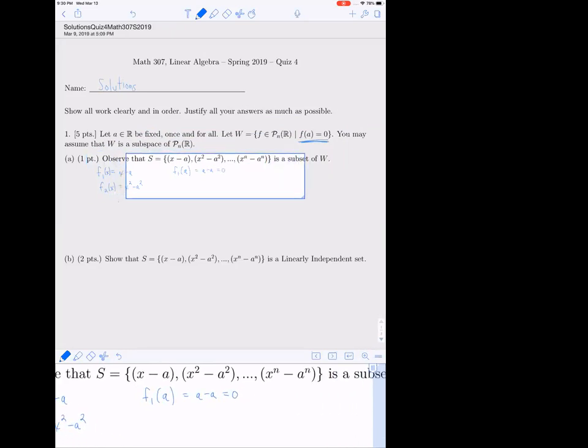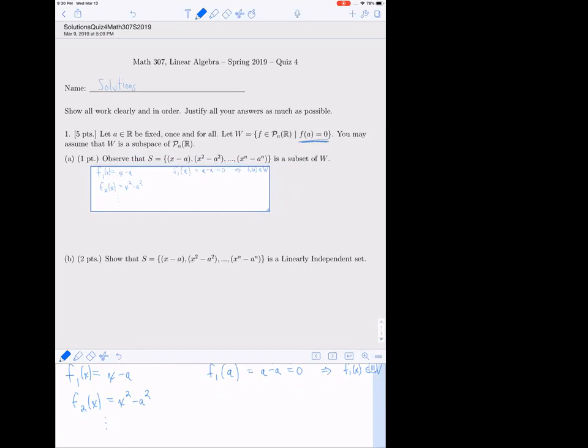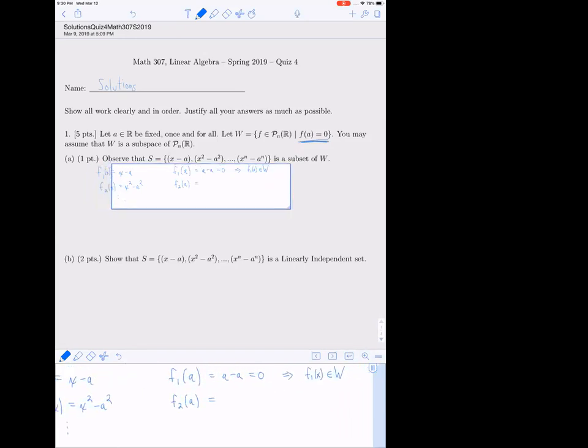So yes, the condition is satisfied, and that tells us that F1 is in the set W. Similarly, if we look at the second polynomial, F2 of x, we want to check whether it satisfies the condition necessary to be in W. Well, when we plug in A, we get a squared minus a squared, which again is 0, and that's what it means for this polynomial to be in W, that when you evaluate it for x equals a, you get 0.